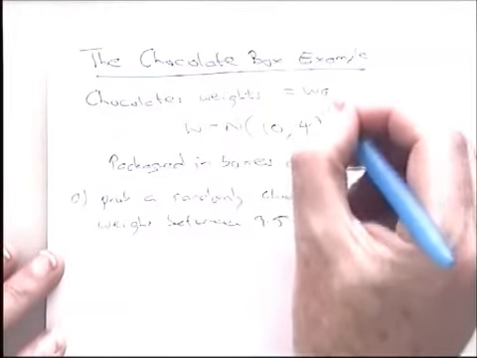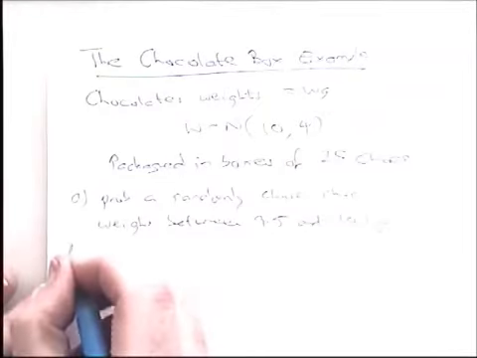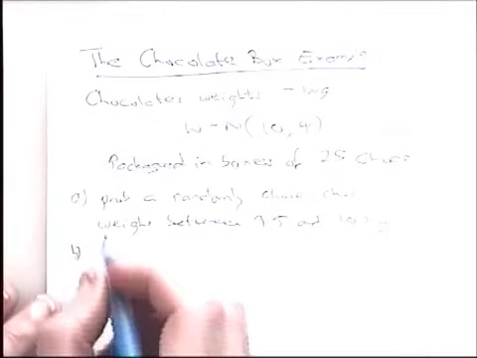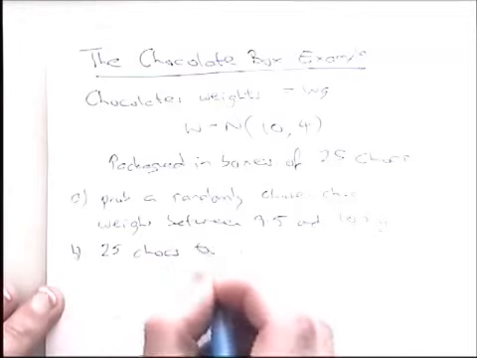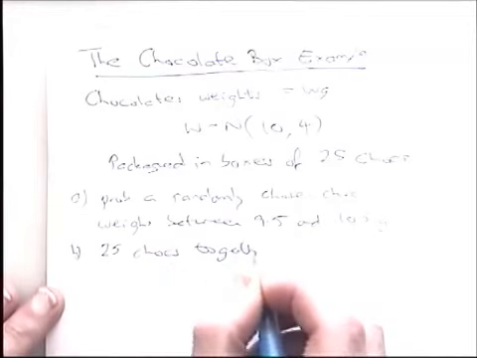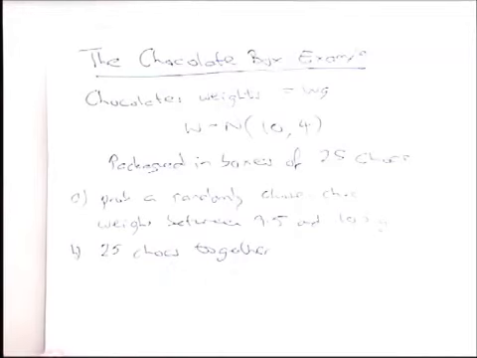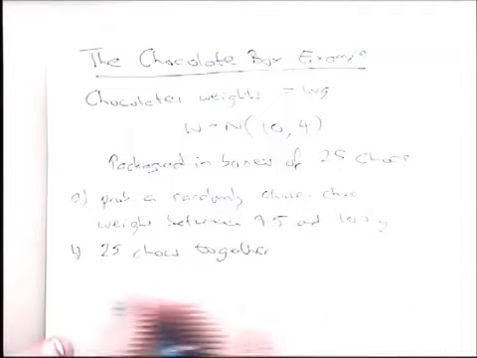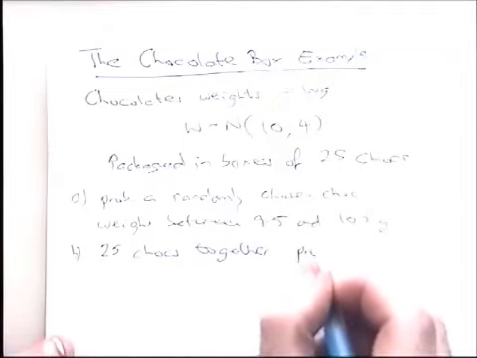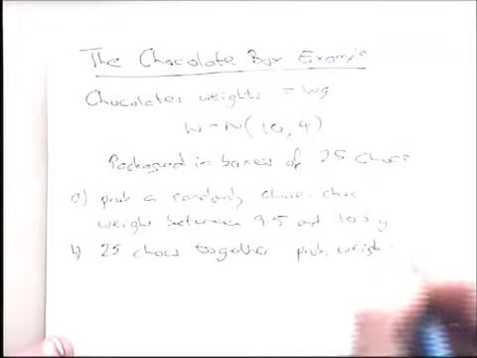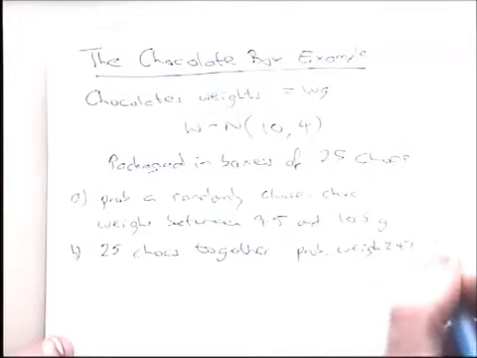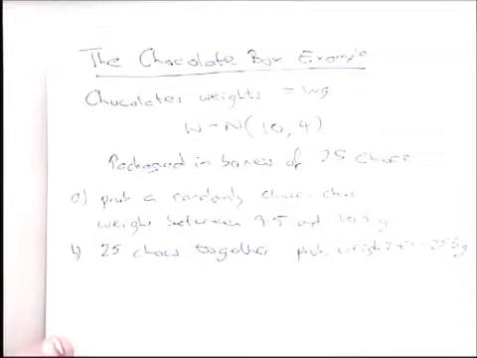So W is in grams. Part B, that's 25 chocolates together, like the box of chocolates but minus the box. What we want there is the probability that they weigh between 247 and 253 grams.